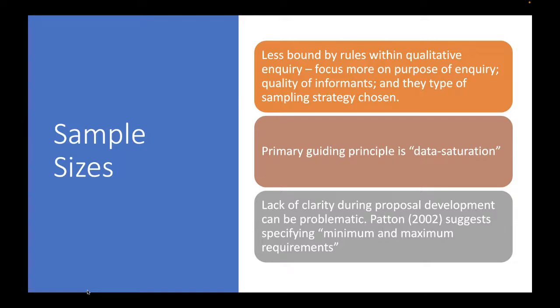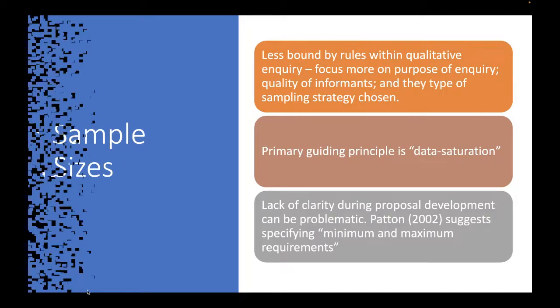But to protect the process, I will not recognize data saturation if it occurs at less than 10 participants, and I will not pursue it if it goes beyond 30. So you have placed a minimum requirement and a maximum requirement. And that is what qualitative sample size determination looks like. Not about numbers, more about saturation.